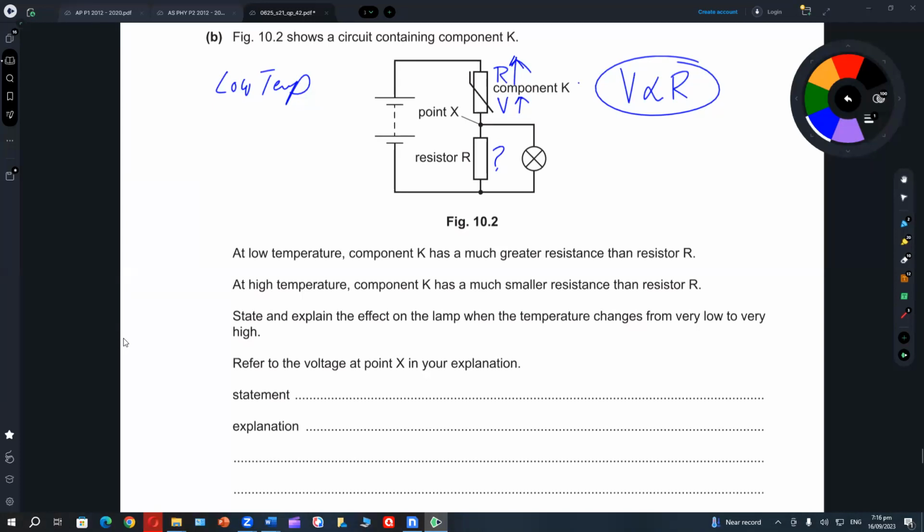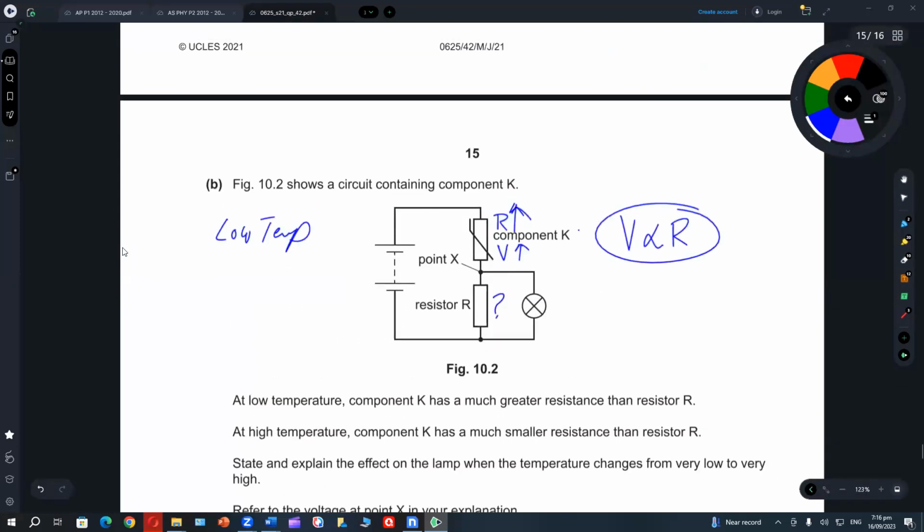In series, if voltage increases on one resistor, what will happen to the neighbor resistor? Will the voltage increase or decrease in series?